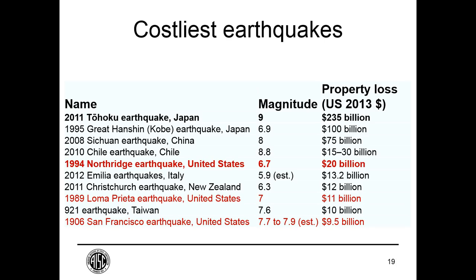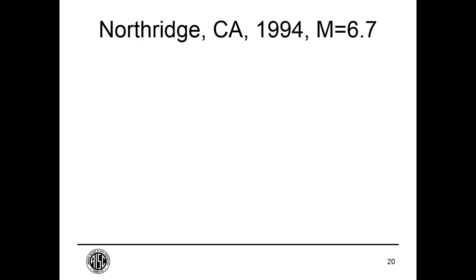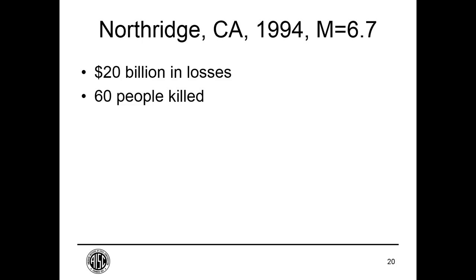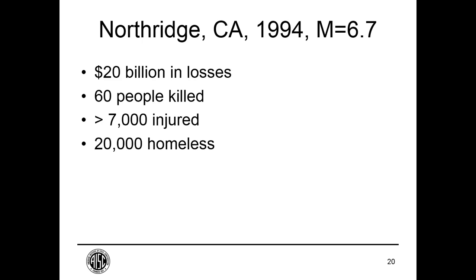So Northridge earthquake, again, not an extremely large earthquake, pretty far down the list in terms of magnitude, but quite a bit of damage, and of course there were people killed and injured. So a great effect, not just economic, this earthquake. 20,000 homeless, which affects not only the people homeless, but it affects the city as a whole and the recovery of the entire region.